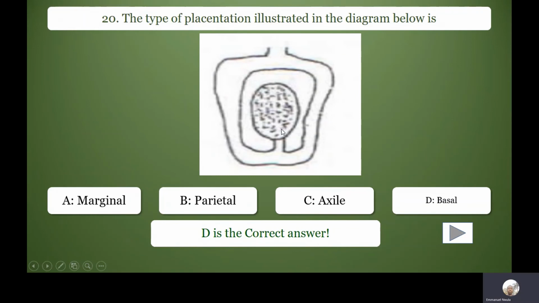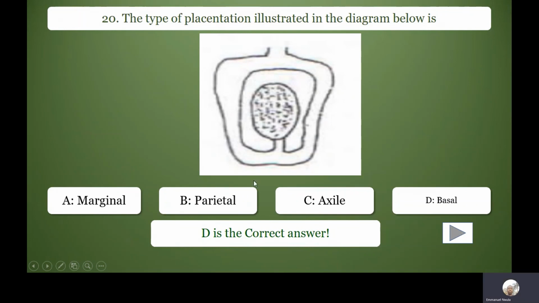You have an ovule at the base of the ovary. For marginal placentation, you see the ovules by one particular side of the ovary.